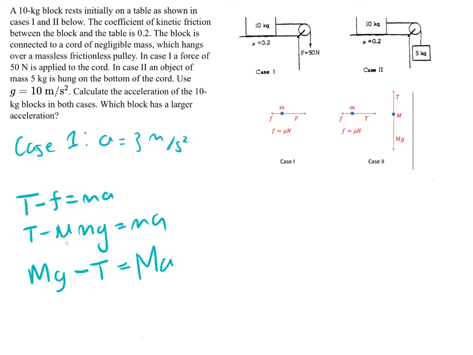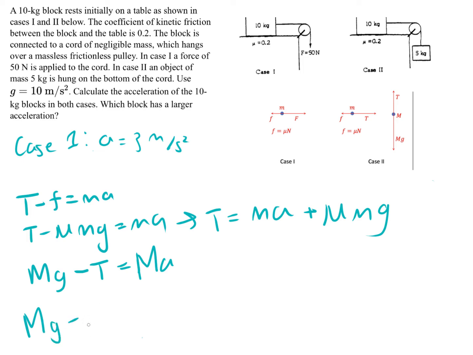So now we can just solve for tension and then substitute that value into the second equation. So from this equation, we know that the tension is equal to the mass times acceleration plus the coefficient of kinetic friction times the mass times the gravitational acceleration. Now all we need to do is plug this back into the second one.